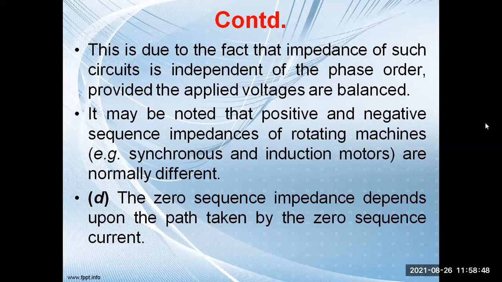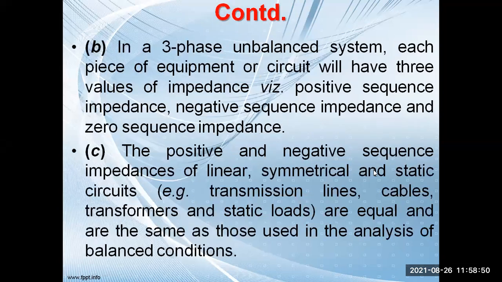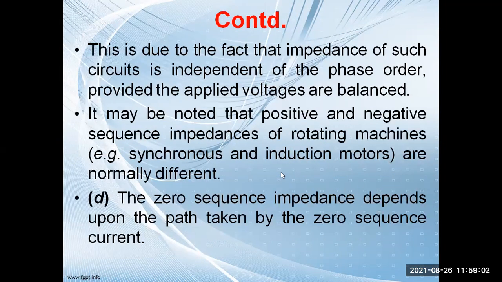Only for those static, linear and symmetrical circuits, that is transmission lines, cables, transformers, and static loads, will the positive and negative sequence impedances be equal. But for rotating machines, the sequence impedances will be different.